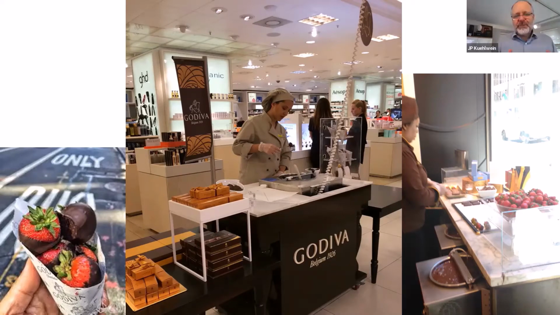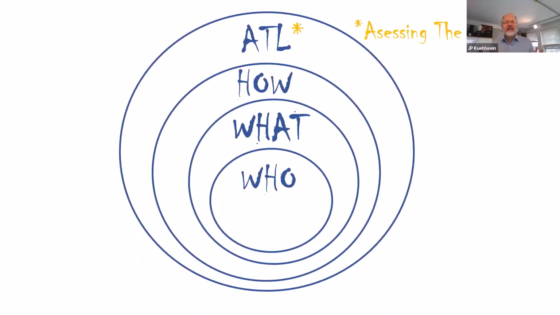Does that make sense? Okay, so my point here is look at the rituals, look at the manifestations, see what they mean, see whether they work for this brand. Include that in your how analysis. And then finally, at P&G, for the longest time, the end of the assessment was ATL, assessing the landscape.